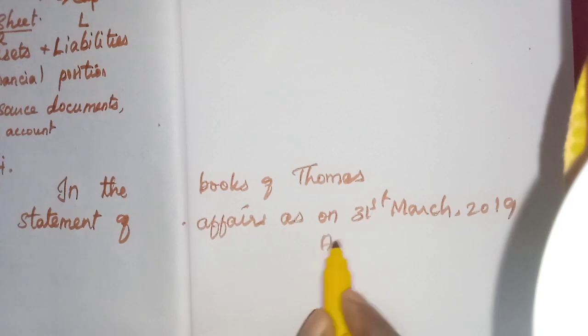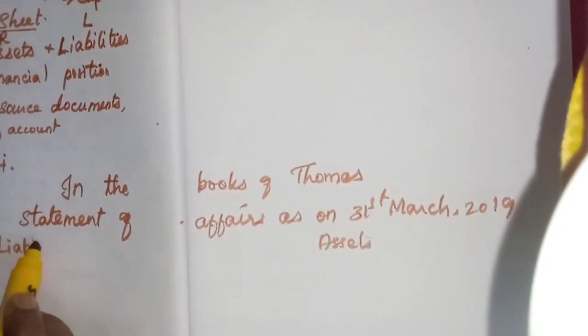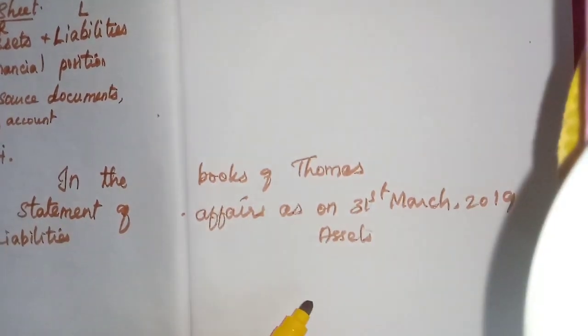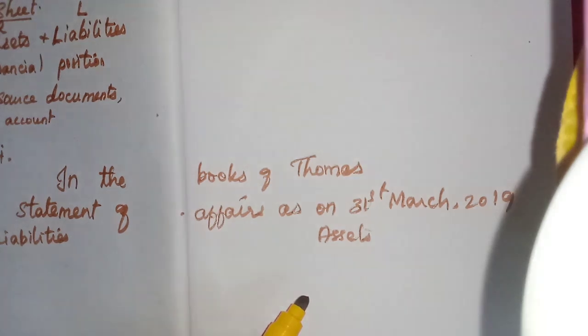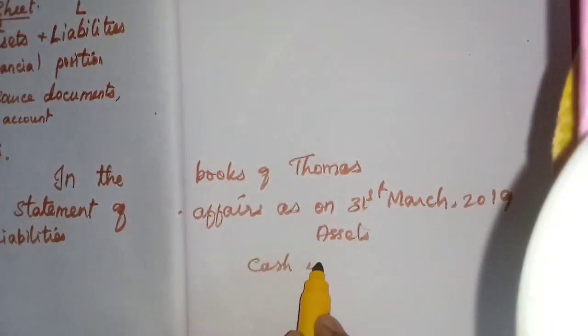Here assets, here liabilities we should write. Asset side, on the basis of liquidity, the current assets we have to write first. There we should write first one, cash in hand.